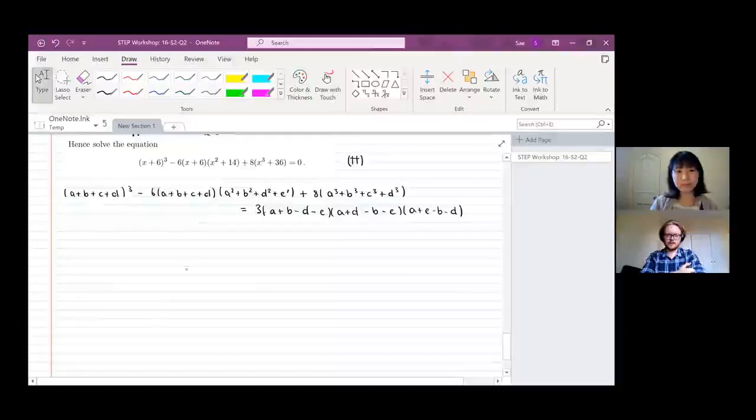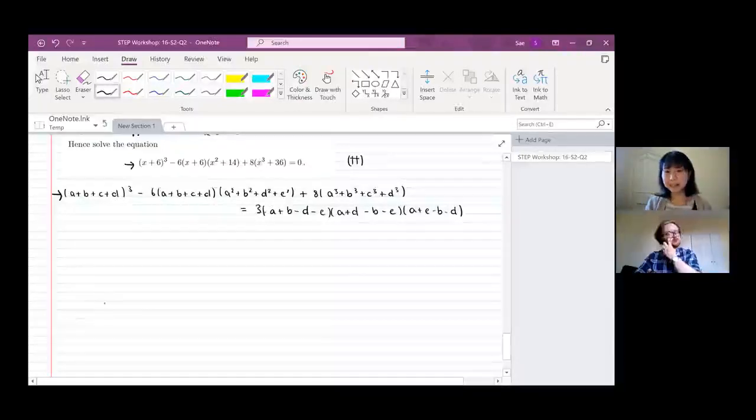So we want to make this look like this. So what are we going to make A, B, C, and A, B, D, and E? That should be a D. Excuse the typo.